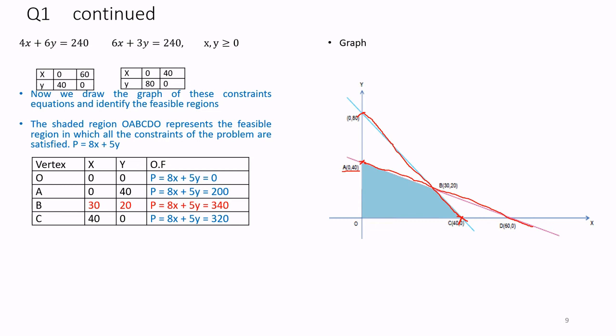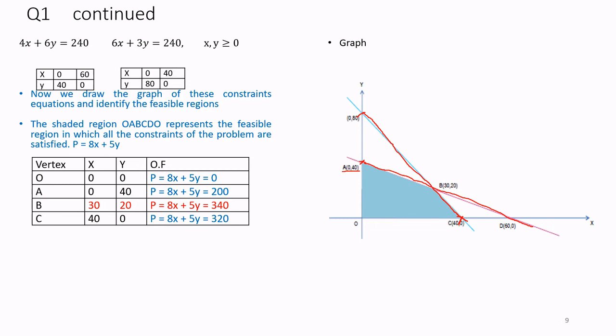So, 8x plus 5y is 8 into 0 plus 5 into 0, equal to 0. Then, at point A, where x is 0 and y is 40, P is equal to 8 into 0 plus 5 into 40, that is equal to 200.